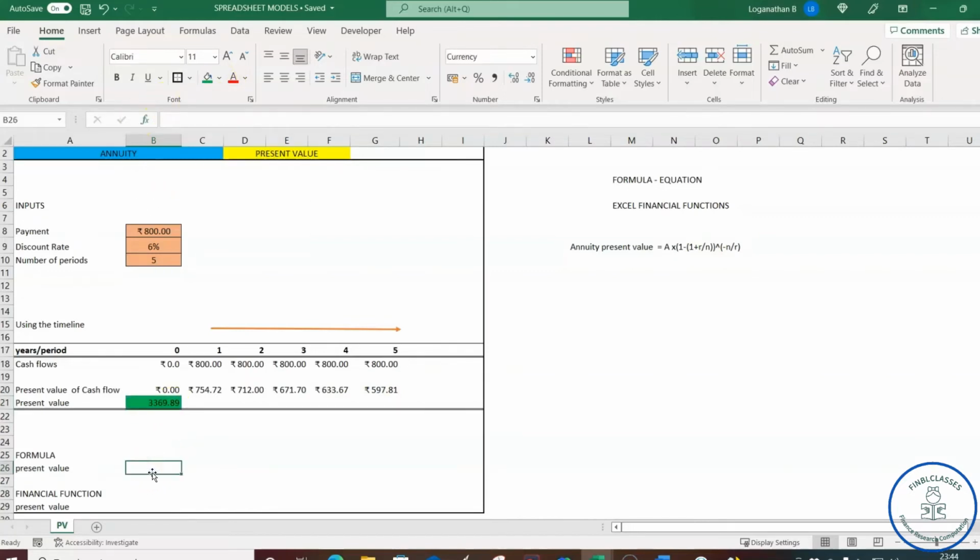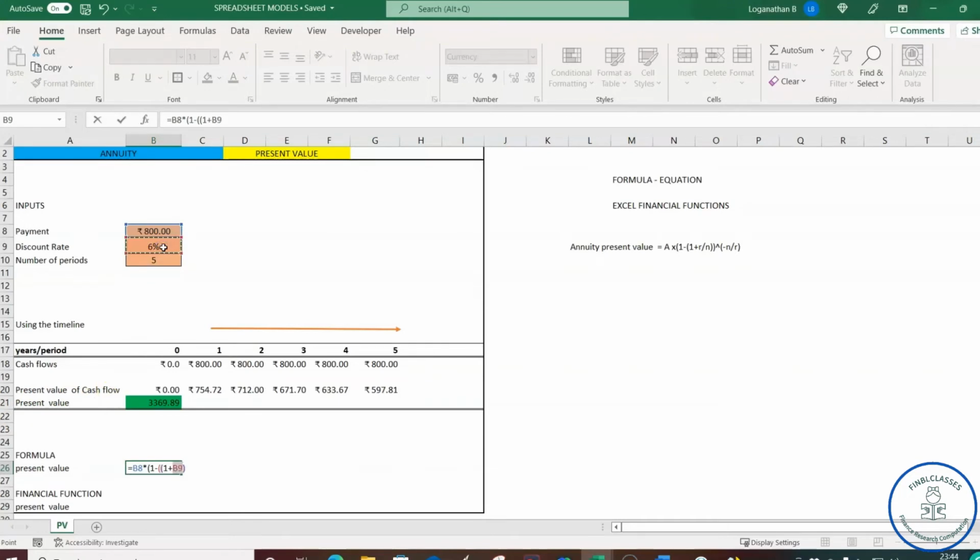Then now we'll be calculating with the formula over here. So equal to, you have the payment, select the cell B8 divided by, so multiply, because we have to do the multiplication, right? So into, then open the bracket, 1 minus, then 2 brackets, 1 plus the discount rate, which is 6%, right?